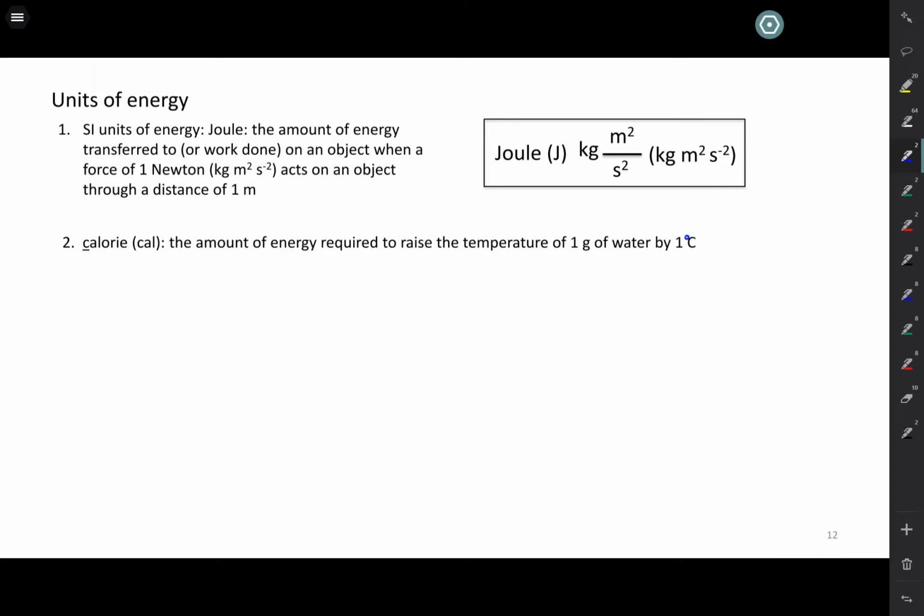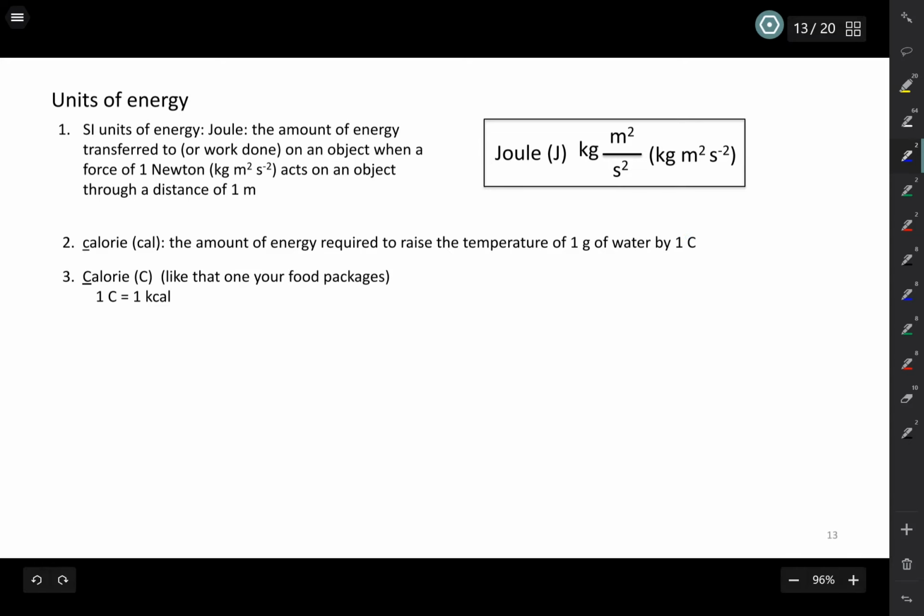And here's the confusing thing: a kilocalorie is 1 calorie with a capital C. Sorry, I apologize on behalf of all Americans. This is really weird. So 1 small c is 1 calorie, 1 big C is 1 kilocalorie. That's just how it goes. We're weird like that.